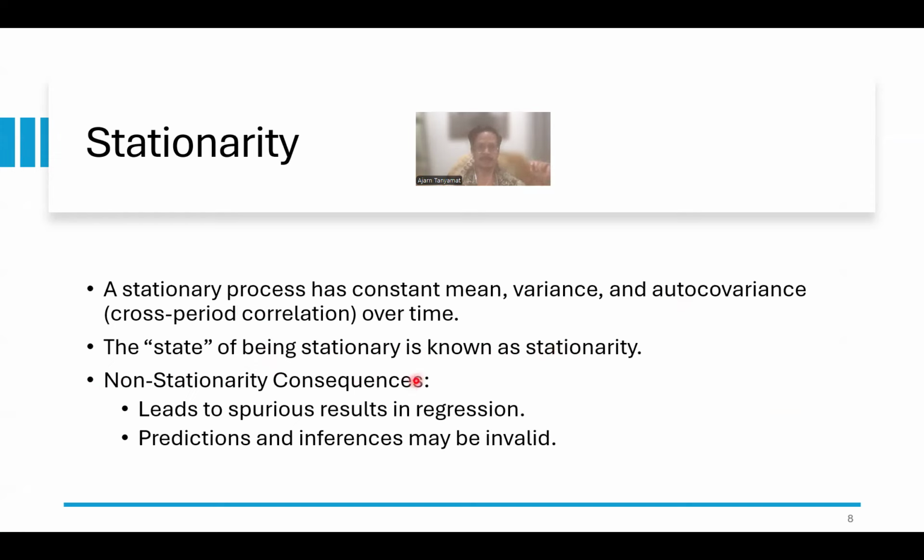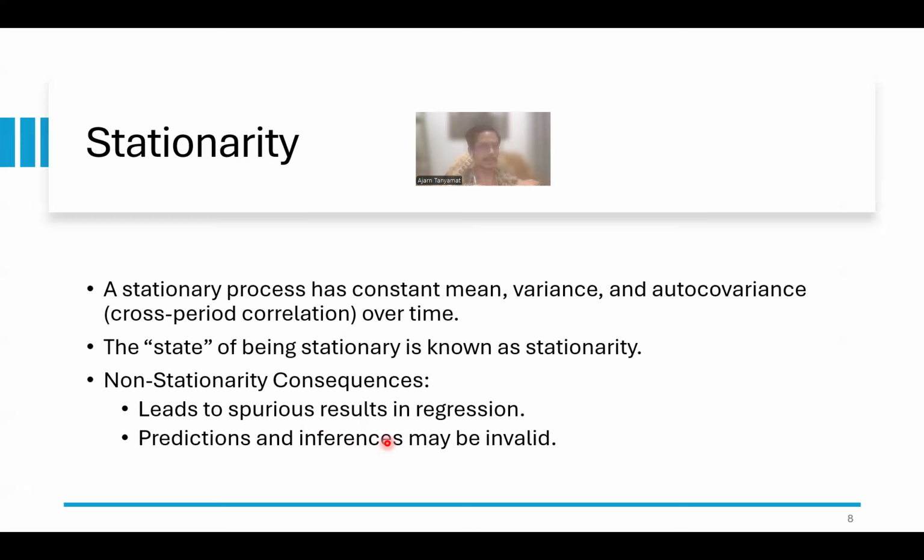Non-stationarity consequences lead to spurious results in regression, observing a relationship when there actually isn't one, which means that your predictions, which you use the model to predict, as well as statistical inferences, the significance, all that stuff, is not going to be valid in the sense that you expect, right? The relationship does not really exist, but the evidence shows that it exists, right?